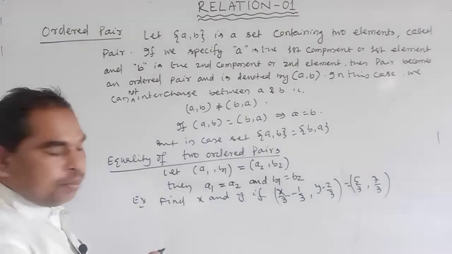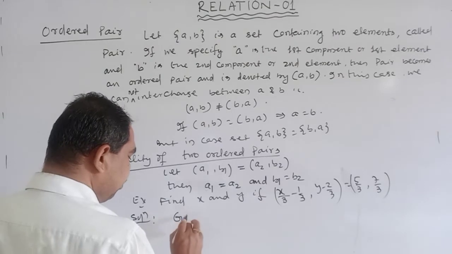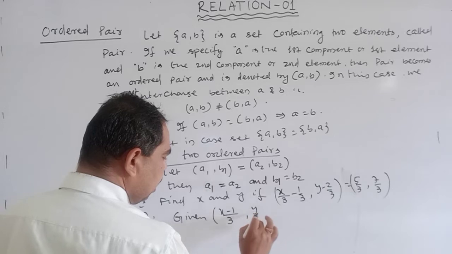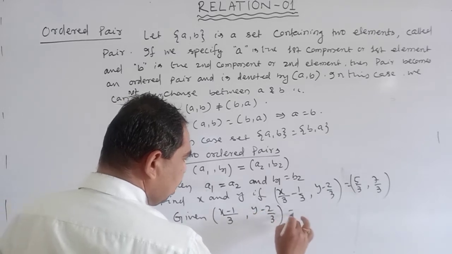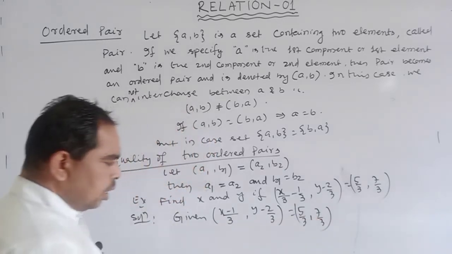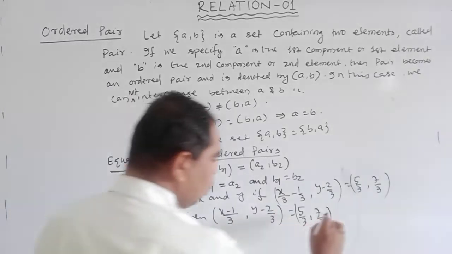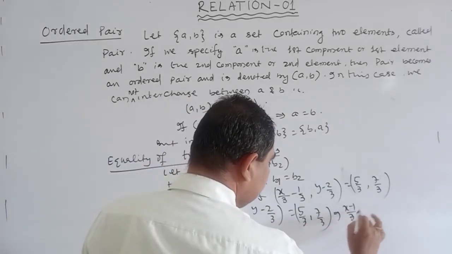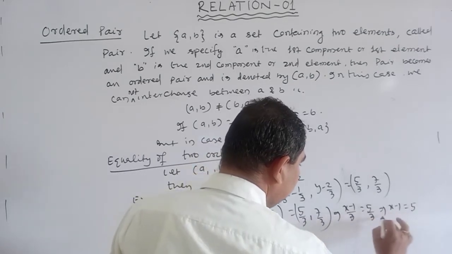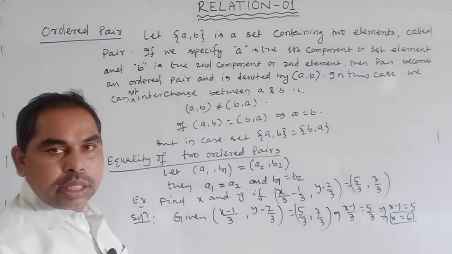Solution. Given (x minus 1 by 3, y minus 2 by 3) equals (5 by 3, 7 by 3). So this implies x minus 1 by 3 is equal to 5 by 3. So x minus 1 is equal to 5, so x is equal to 6.